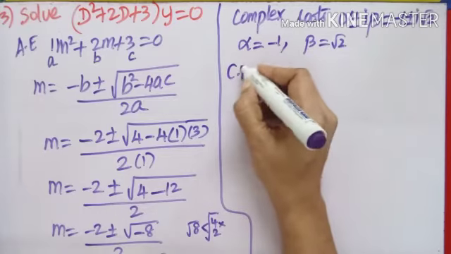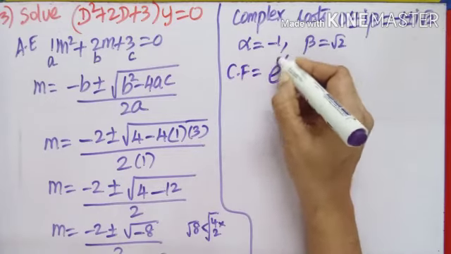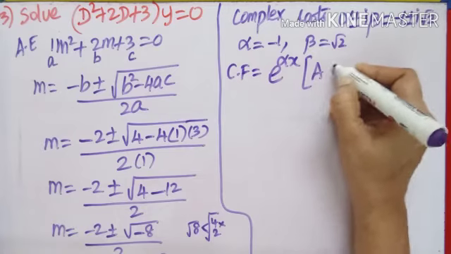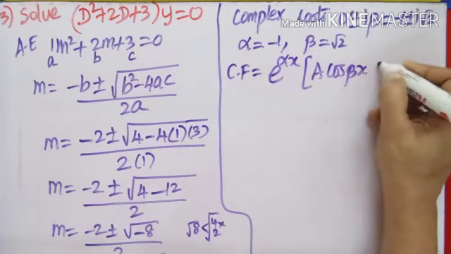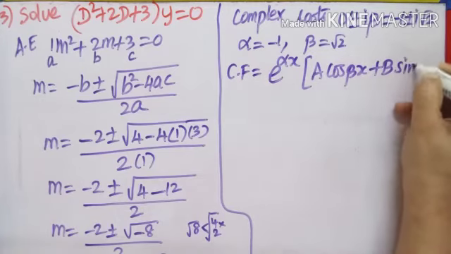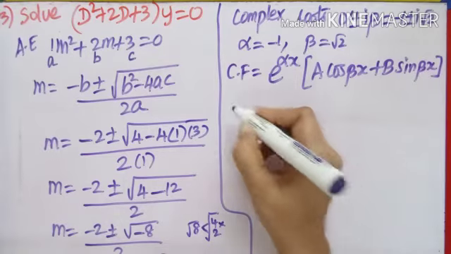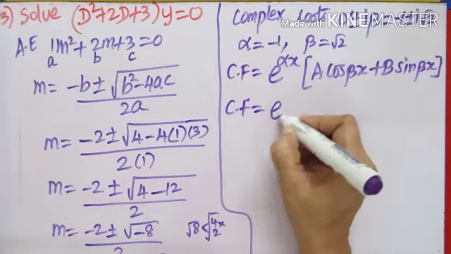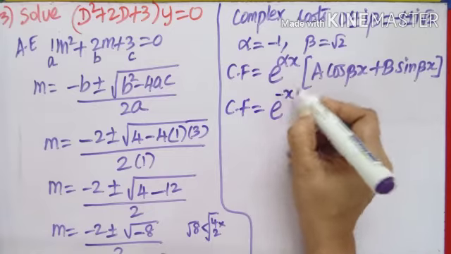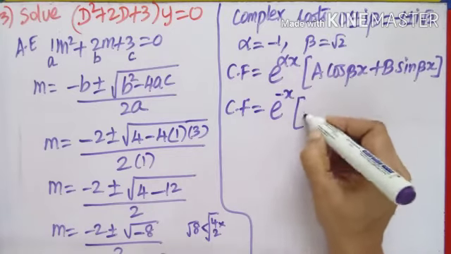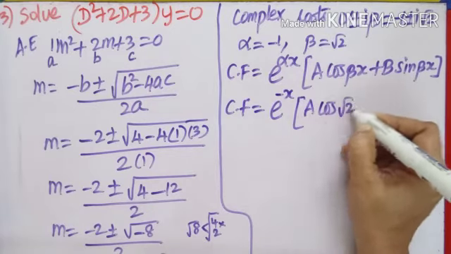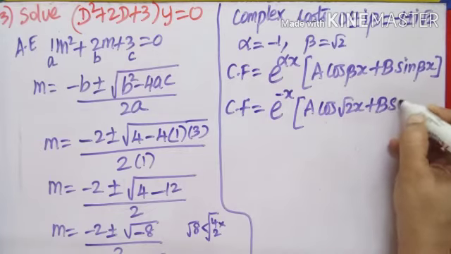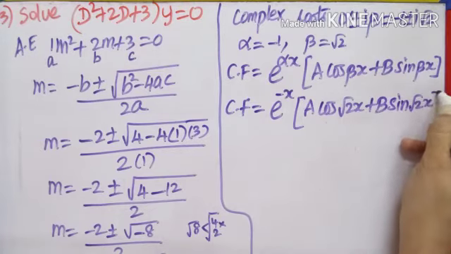And we know the complementary function is e power alpha x into a cos beta x plus b sin beta x. Just substitute for alpha and beta. Minus 1 into x, minus x, a cos root 2 into x plus b sin root 2 into x.